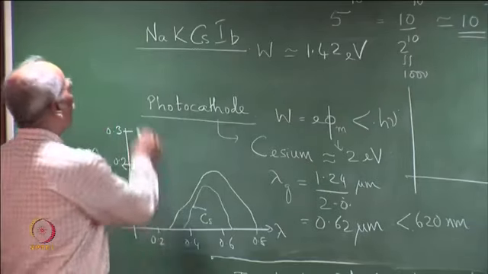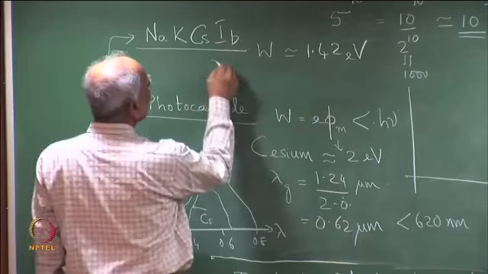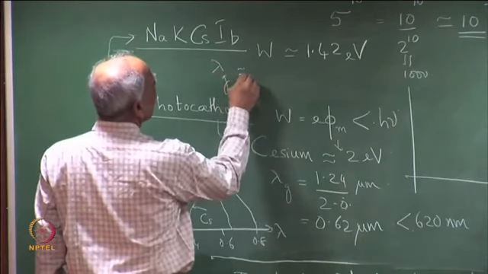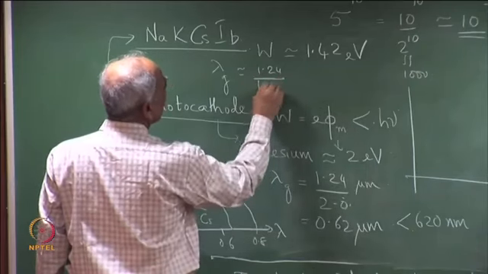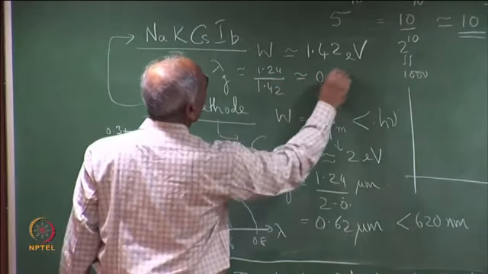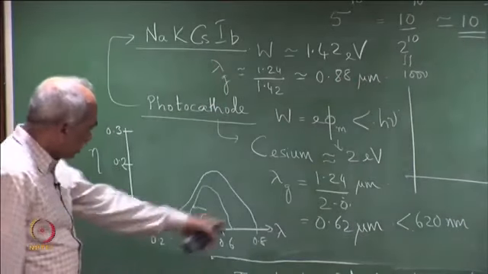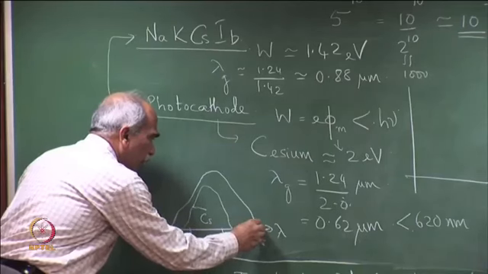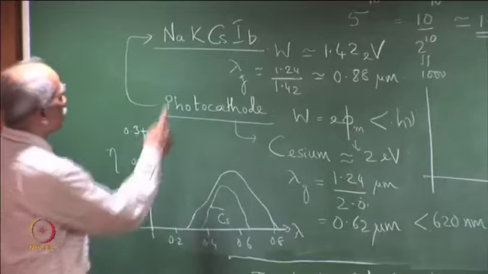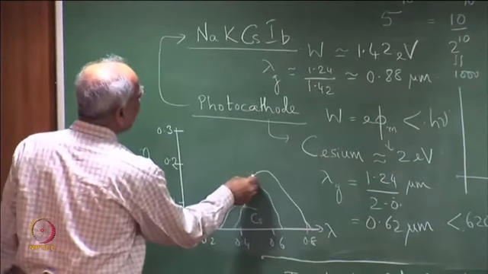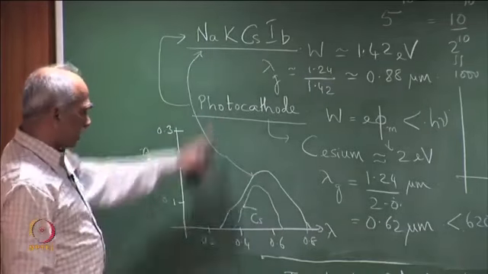This means lambda g is nearly equal to 1.24 divided by 1.42, that is nearly 0.88 micrometer, which means it can go to about 0.8 or a little bit beyond. So, this is for this material and this is for cesium, and the curve which I have shown here is for these photocathode materials.